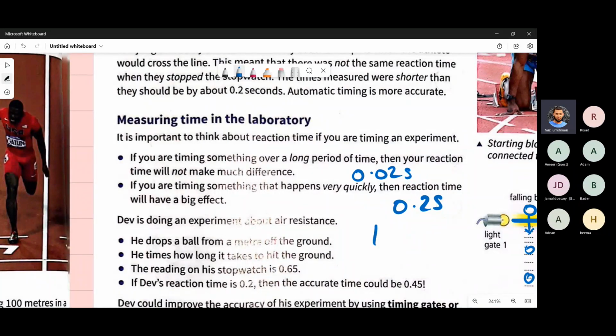But it is a big deal in 100-meter races, in 200-meter races, in small span of time. If you are timing something that happens very quickly, then reaction time will have a big effect.